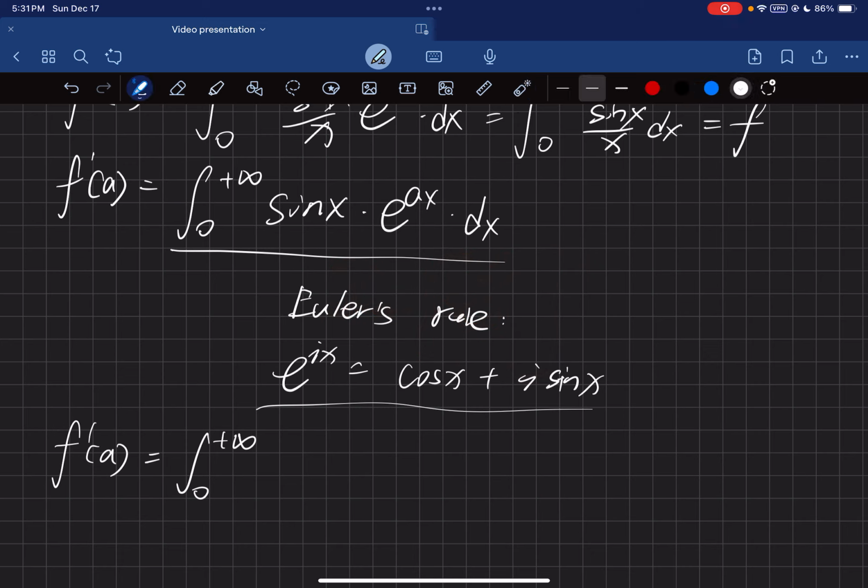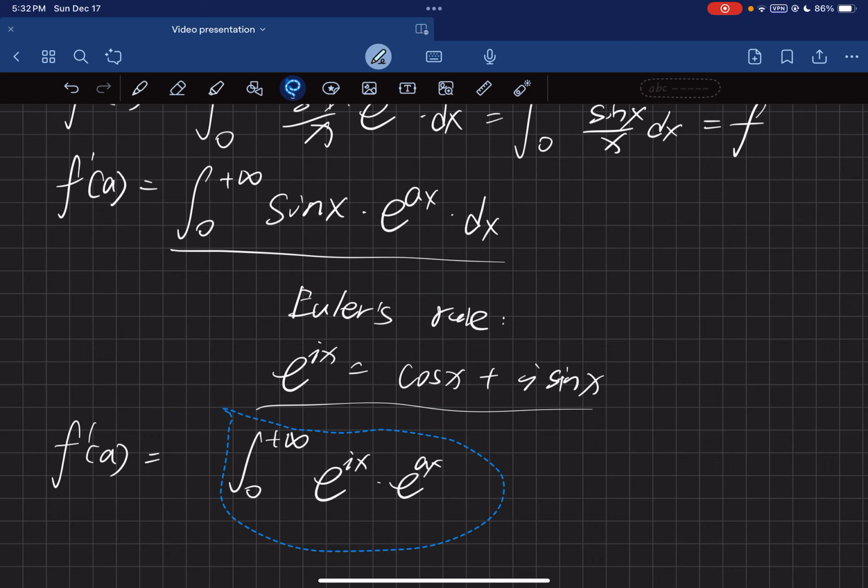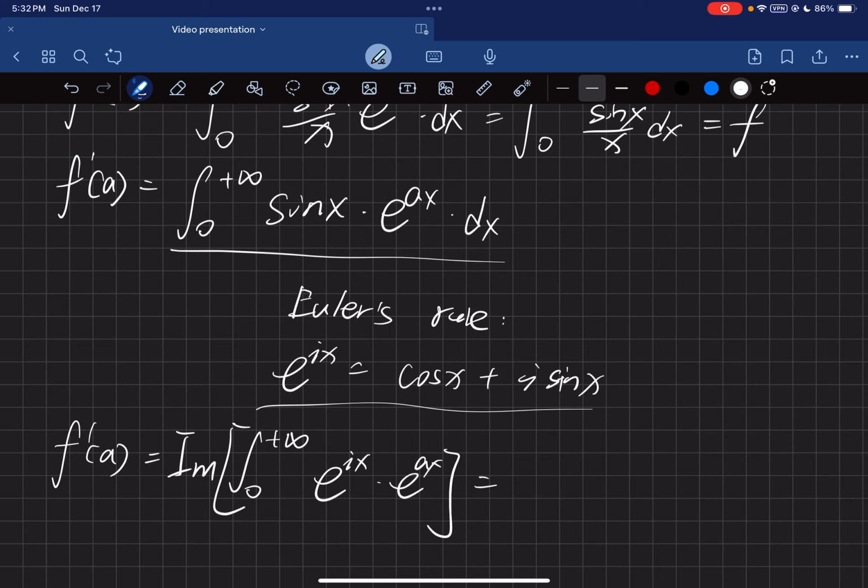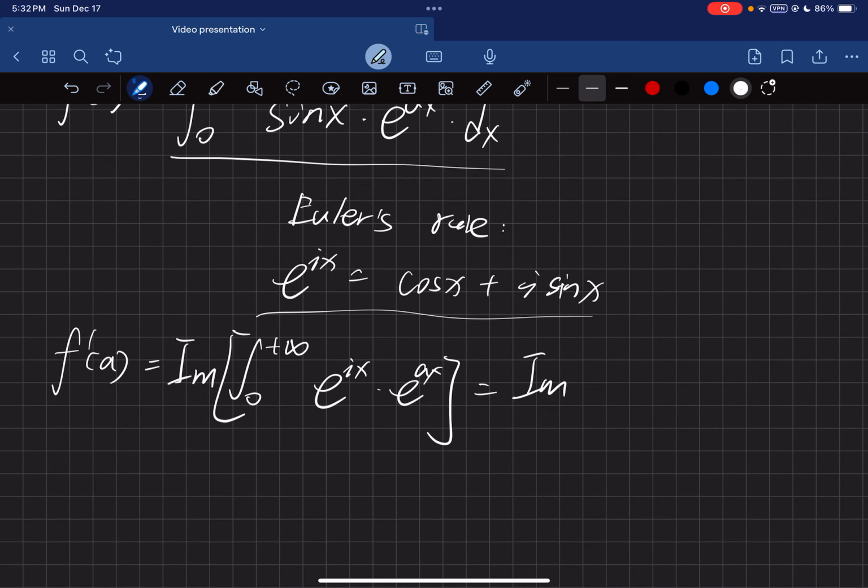So we can rewrite this function as e to the ix times e to the ax. Now we're going to find the imaginary part of the equation. Now simplify this equation. It is e to the power of (i plus a) times x.